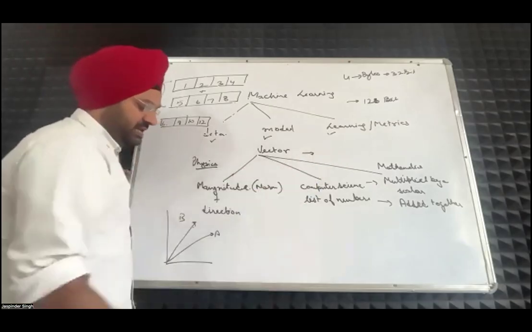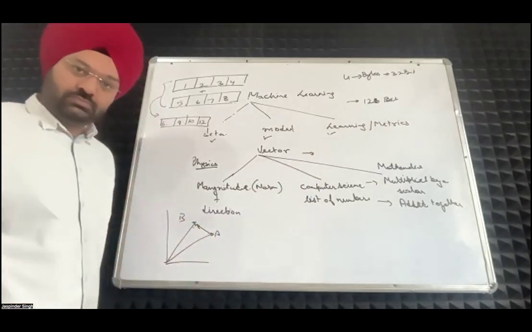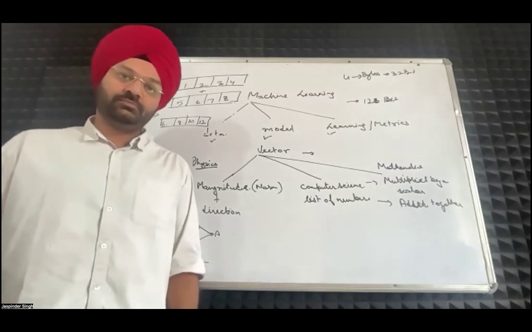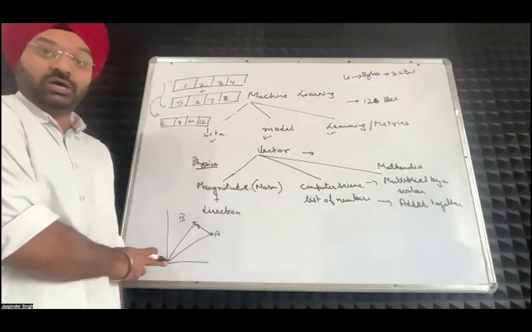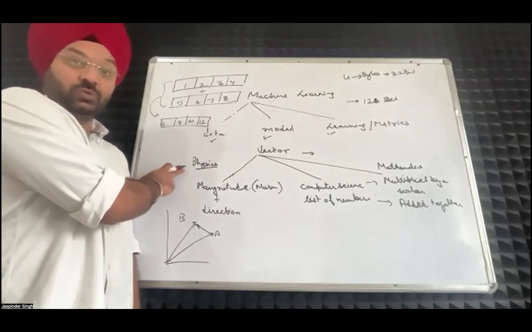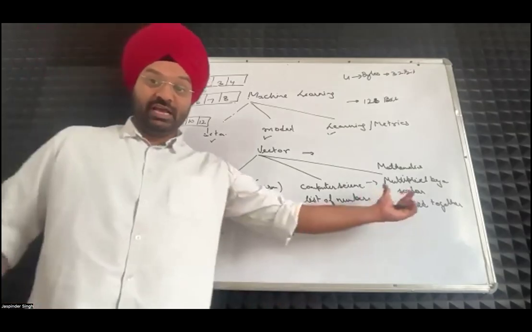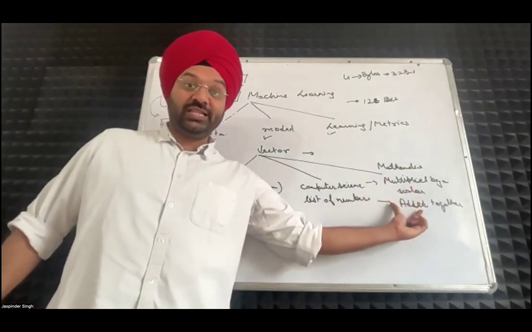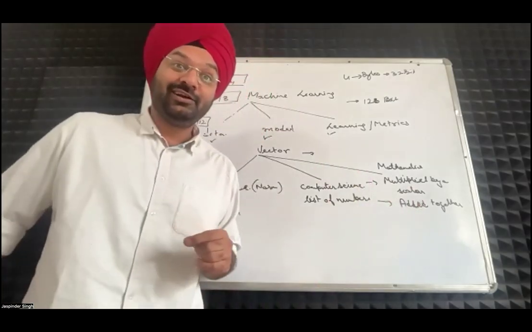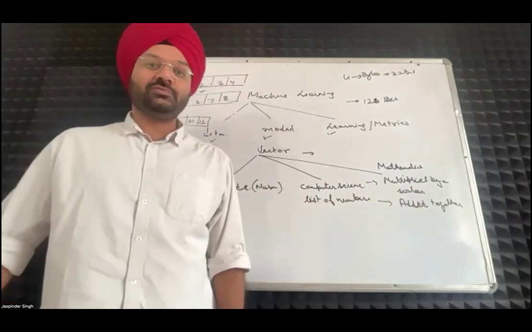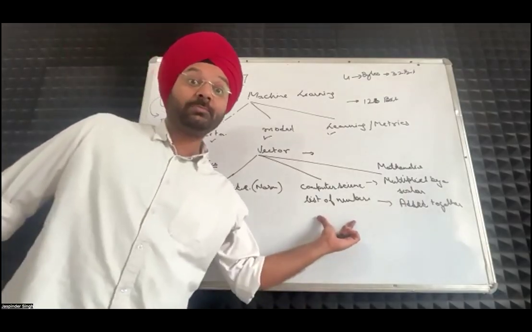The mathematics student says that they can be added, and this will be the resultant vector C. So for representing on the whiteboard, I am taking the physics student view of representing the vector. For addition, I am taking the mathematics student view that they can be added together. For implementing it, I will be taking the computer science student view. NumPy comes right here, compute.